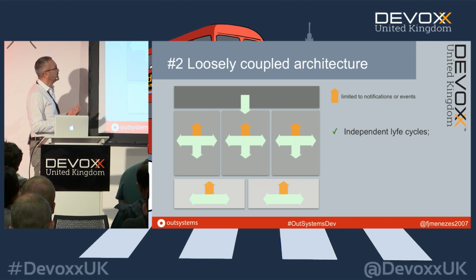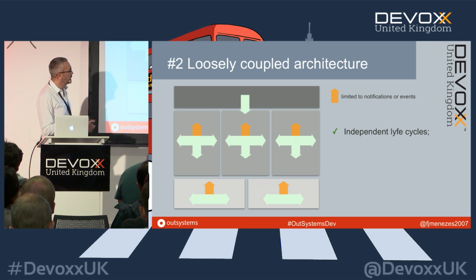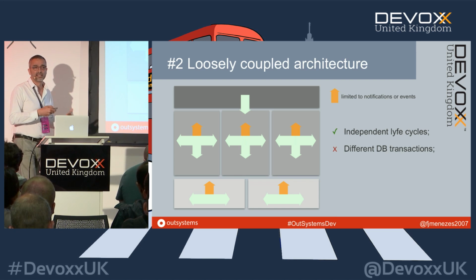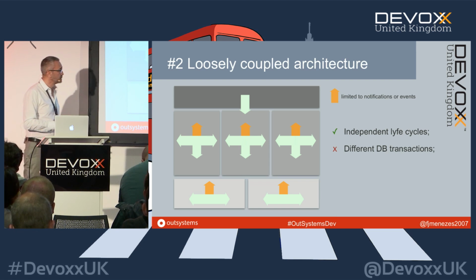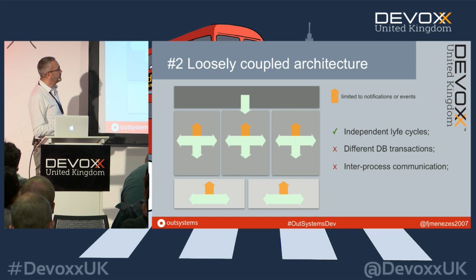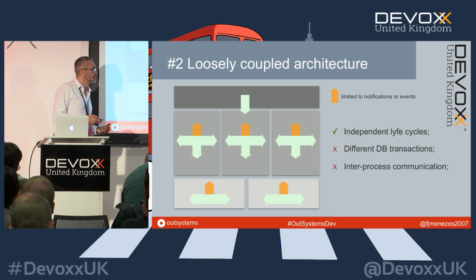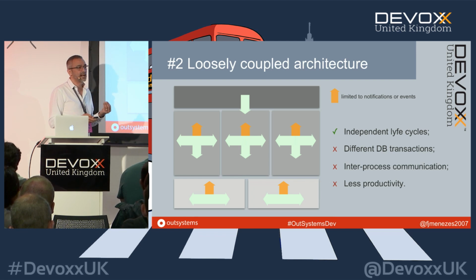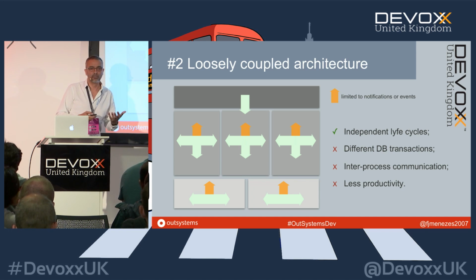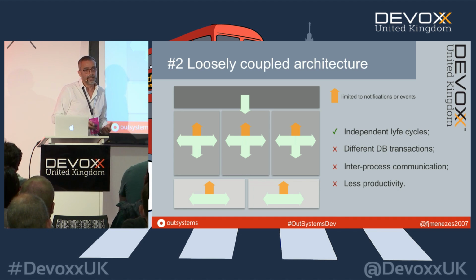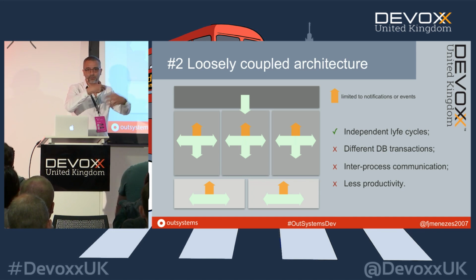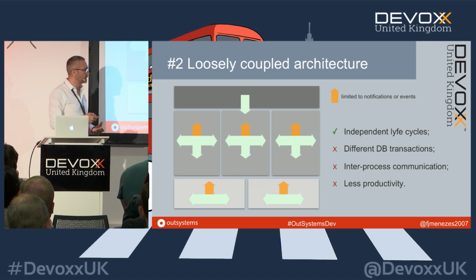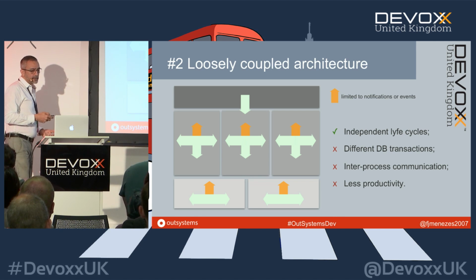So you have independent life cycles, which is the main advantage, but now you have to handle different database transactions. You have inter-process communication, and you have less productivity because now you are always dependent on some API that the other domain needs to provide to me, right? And you don't have data sets to aggregate, to join, and so on.